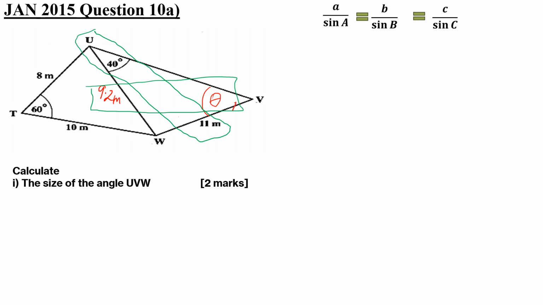Now the small letter represents the length of the triangle, and the capital letter is the angle. So I'm just going to write the sine rule formula here. And really, you just need to understand the rules.